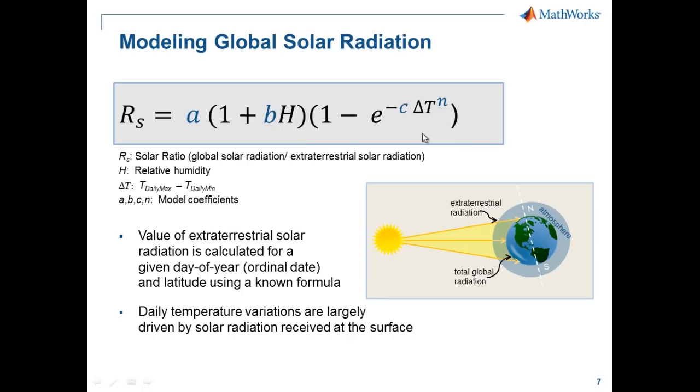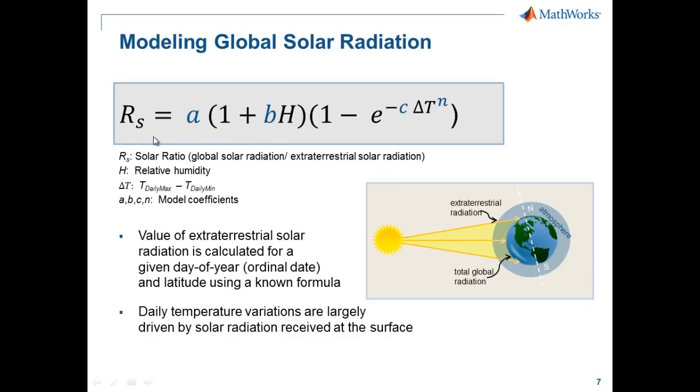There are many different equations we could use to estimate solar radiation. We picked this one because it meets our goal of using low-cost, readily available inputs. It takes as an input the relative humidity and the maximum change in temperature for the day. And the result is the solar ratio, which is the ratio between the radiation that hits the Earth's surface versus the amount that originally hit the atmosphere.